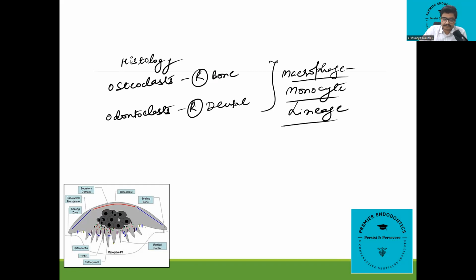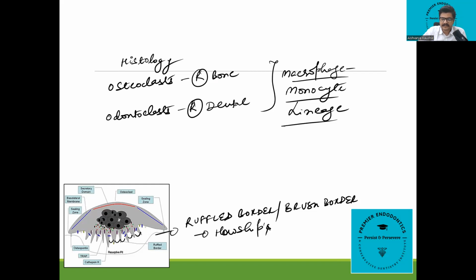They form these extensions, which is known as the ruffled border, also known as the brush border, and these lacunae, these spaces in between these podosomes or these cytoplasmic extensions where the resorption is taking place, are known as Howship's lacunae, right? That was our basic pathology. Now let us look at the dental perspective.